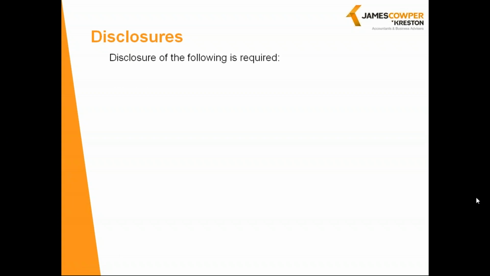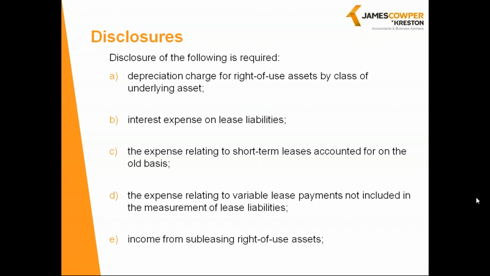So we're now going to look at the disclosure requirements of the new standard. With any new accounting standard comes additional disclosure. These are detailed in the standard, and I'll just give you a quick flavour for how extensive they are. You will need to disclose the right of use depreciation charge, lease liability interest, an expense related to leases accounted for on the old basis, if you have any that you are not applying IFRS 16 to, any variable expenses not included in the lease liability, any income from subletting these assets.